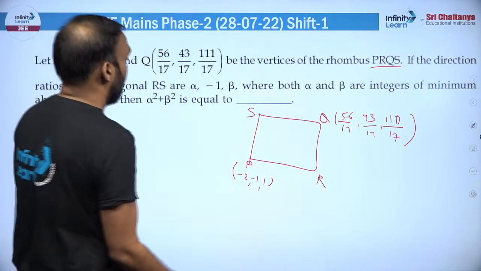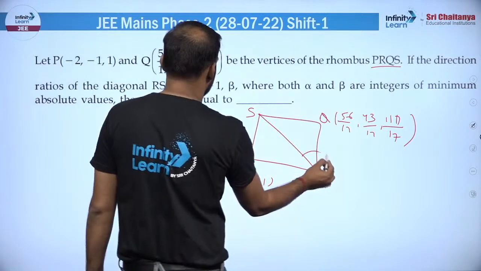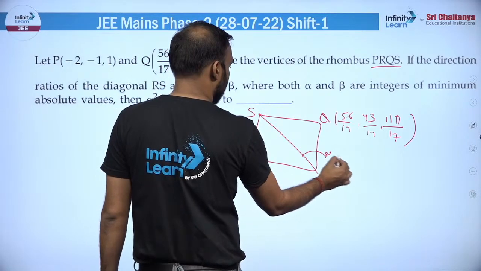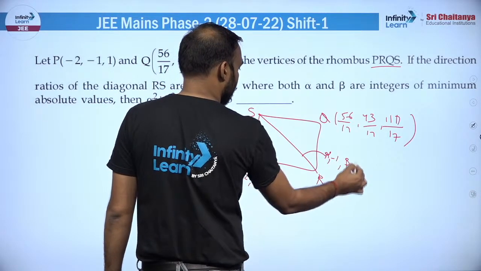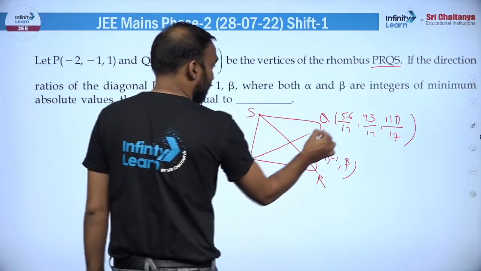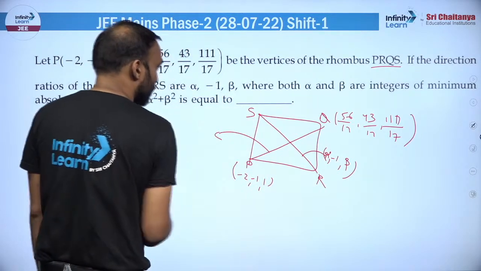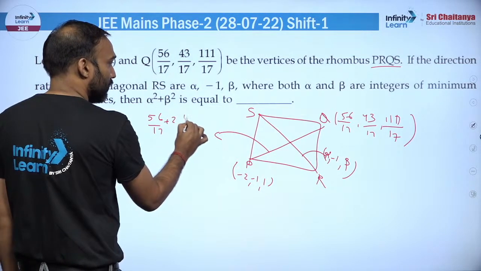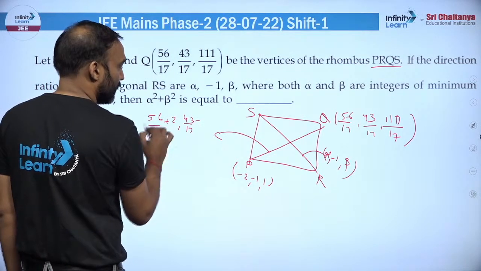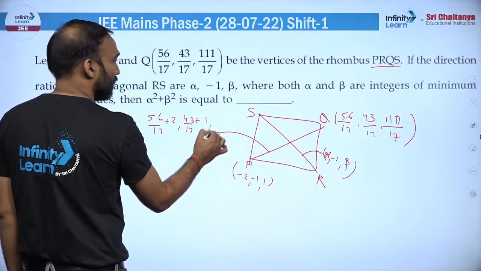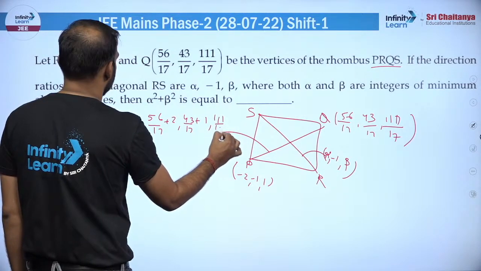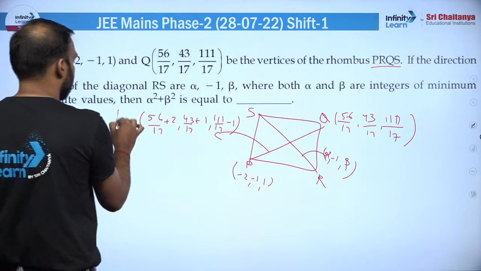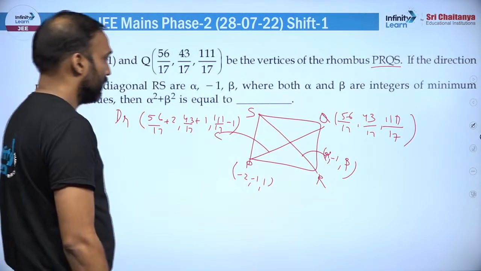And the ratio of the diagonal RS. So I know the DR of this, (alpha minus 1, beta), right? So I can find the DR of PQ. DR of PQ would be what? 56 by 17 plus 2, 43 by 17 plus 1, 111 by 17 minus 1. So these are the DR of PQ.